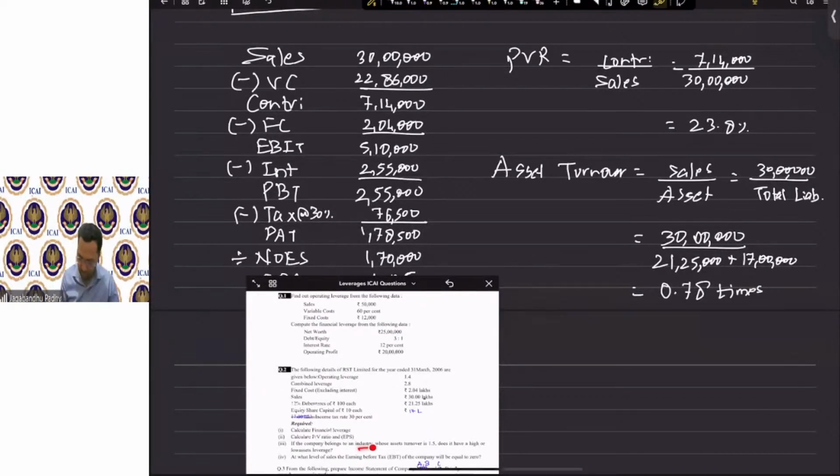The industry asset turnover is 1.5, and here our asset turnover is 0.78 times. Of course, we are having a low asset turnover.